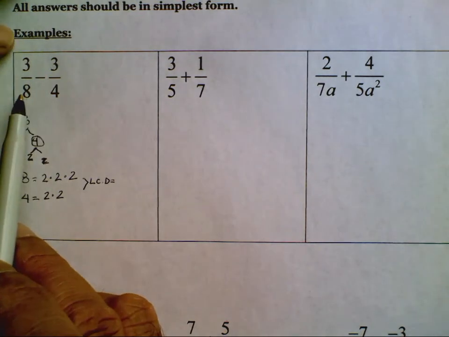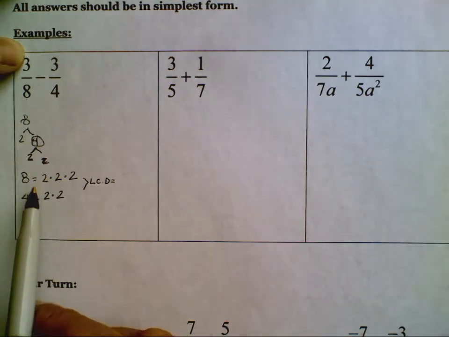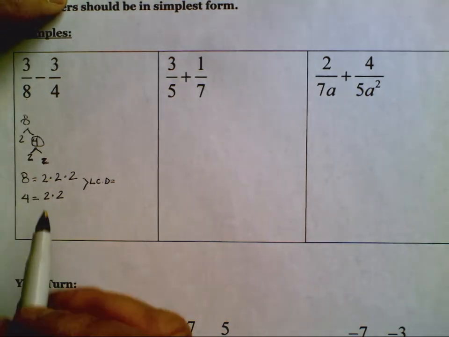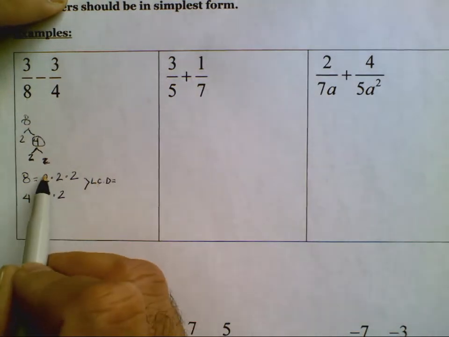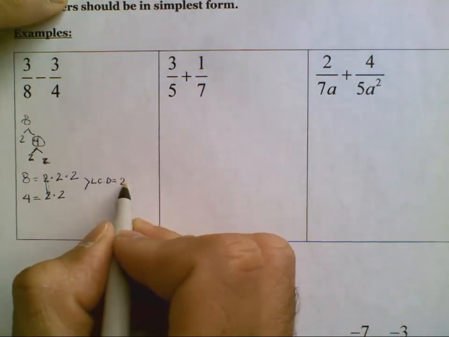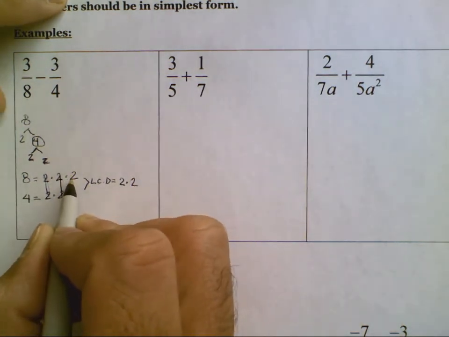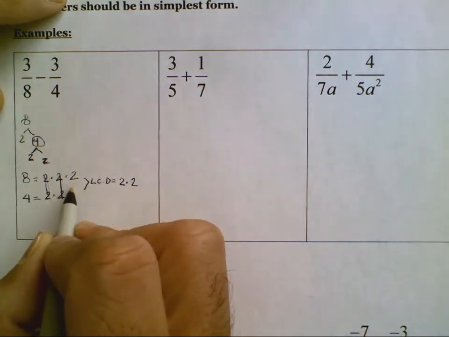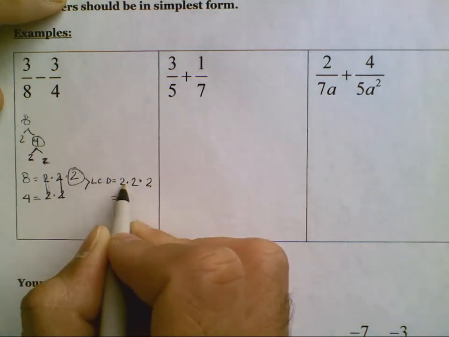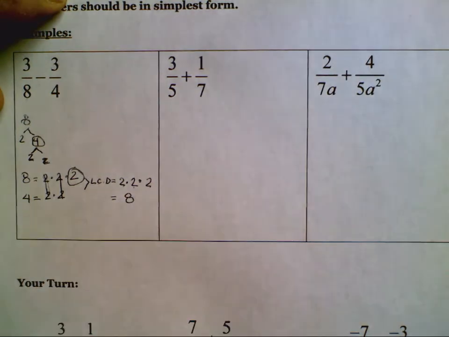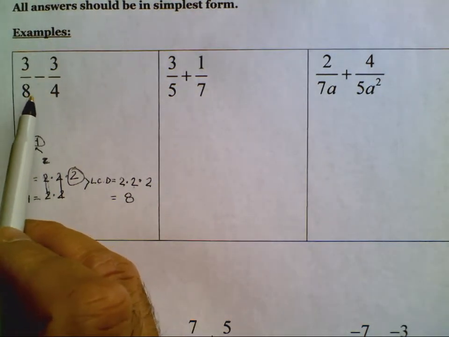In this case, it's going to be 8. But how do we find that from this expression? We have 2 common in both. So I have 2 times 2, and because it's the least common denominator, I also multiply this remaining 2. So 2 times 2 times 2 is 8. So 8 is my least common denominator between 8 and 4.